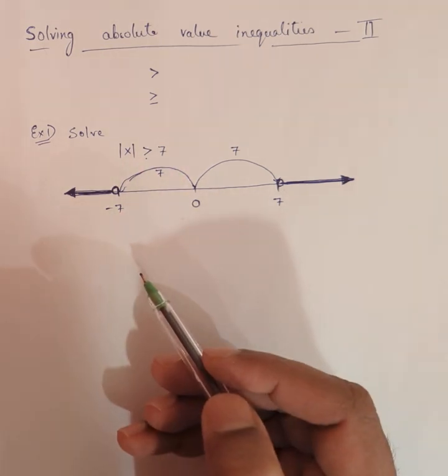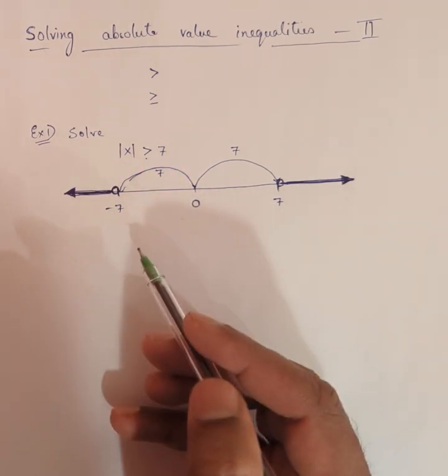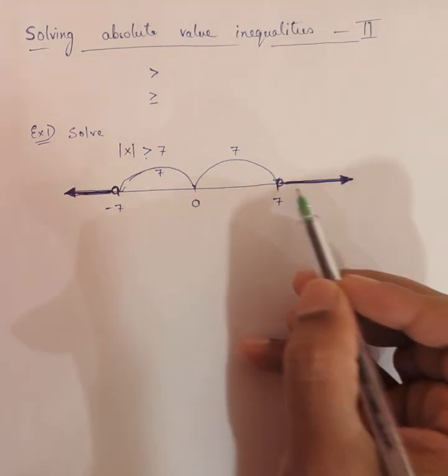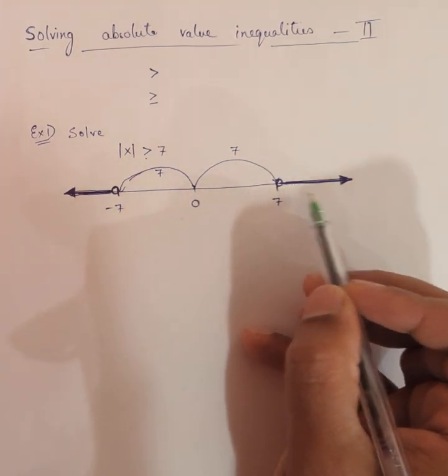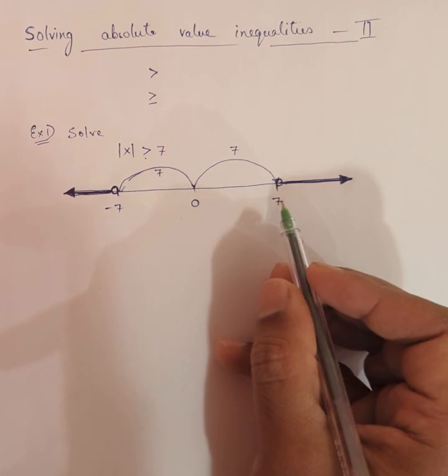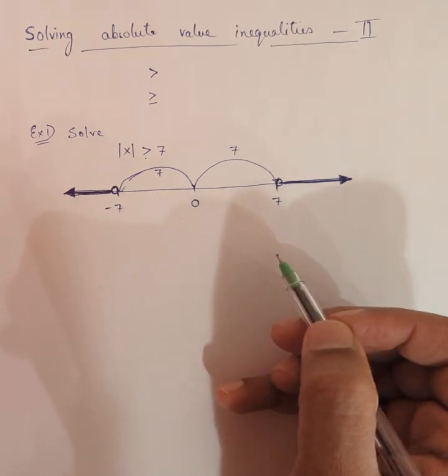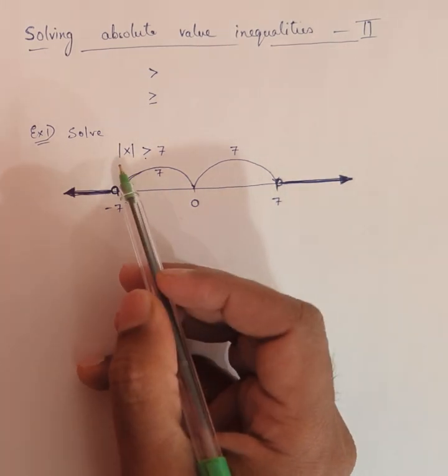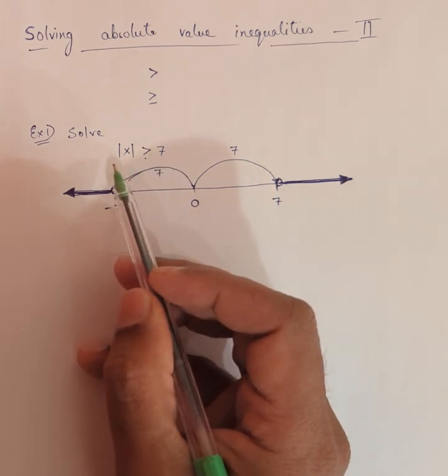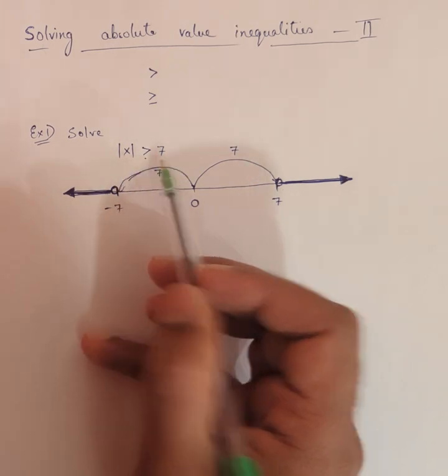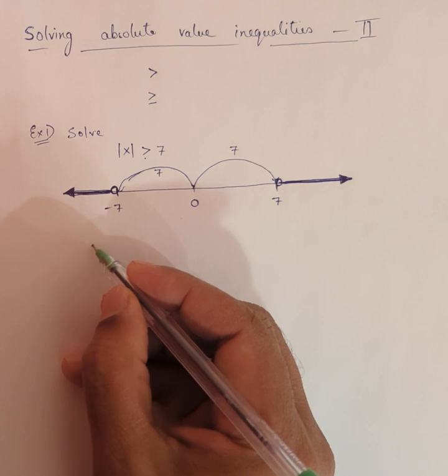Now, how do I write this using inequalities? Let's look at this part. This is saying x is greater than 7. So I want to look at the question where it says absolute value of x greater than 7.